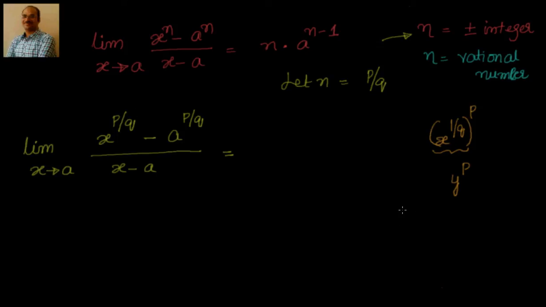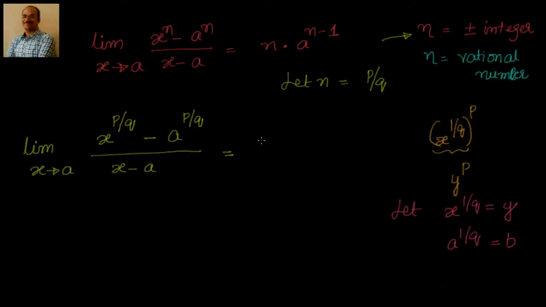We will say let x to the power of 1 by q equal to y, and also a to the power of 1 by q equal to b. So what happens now?